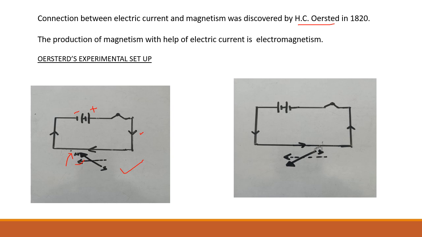Now in this figure, the direction of current is reversed, as you can see the poles of the cell are changed. In this case, the magnetic needle is deflected away, it moves away from the magnet. So this was his observation, that when a current is passed through a conductor, a magnetic needle kept near the conductor is deflected, and the deflection depends on the direction of current.